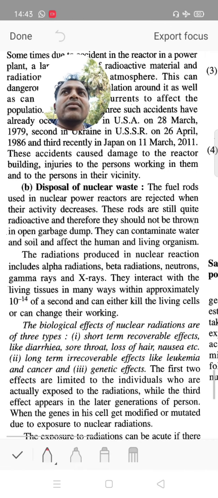We are using nuclear power plants for the production of electricity. They produce a large amount of nuclear waste. This is a serious problem: disposal of nuclear waste. The fuel rods used in a nuclear power plant are rejected when their activity decreases.